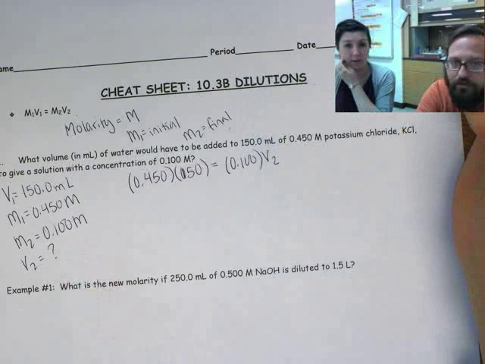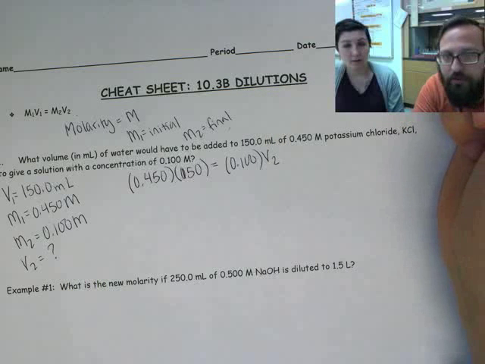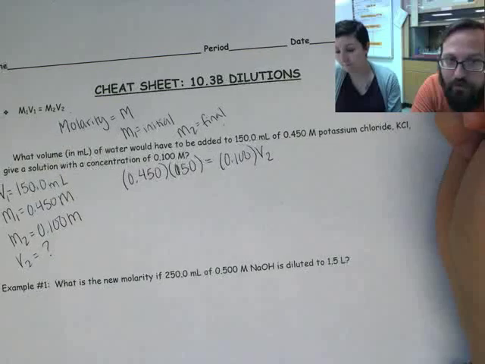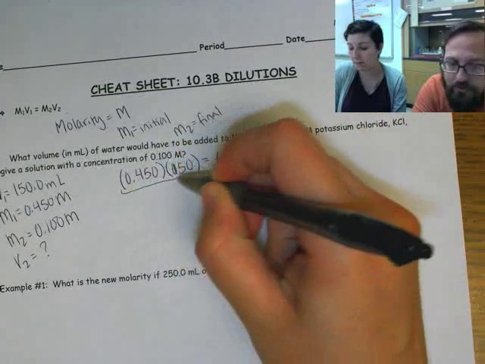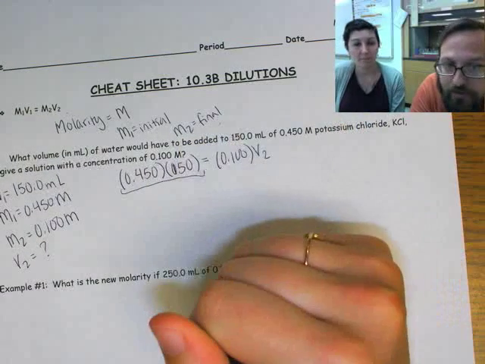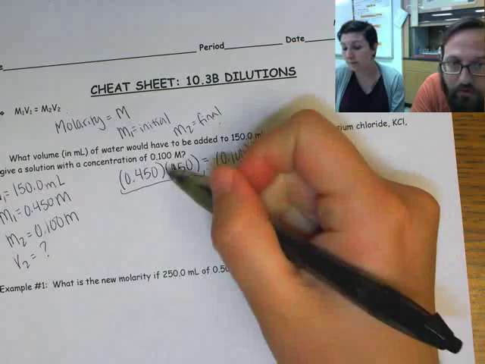To solve this, I'm going to multiply those two numbers first, 0.45 times 150.